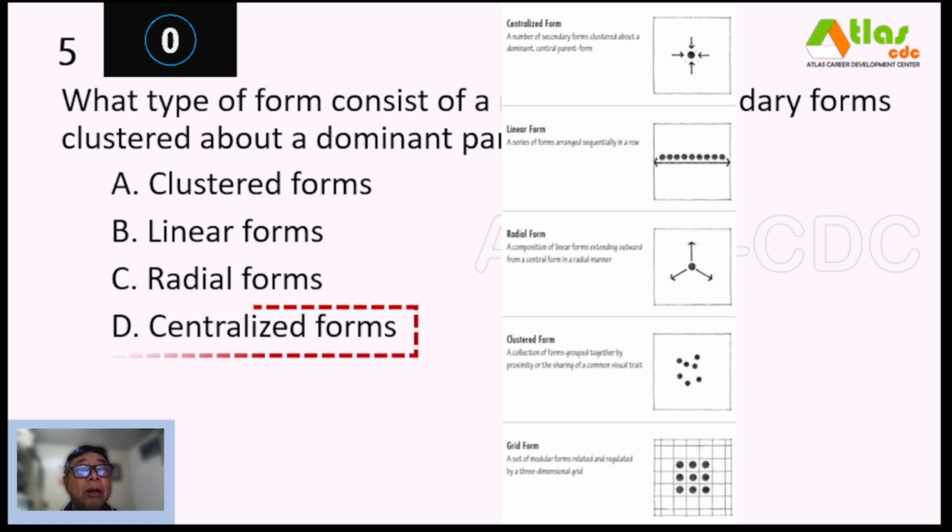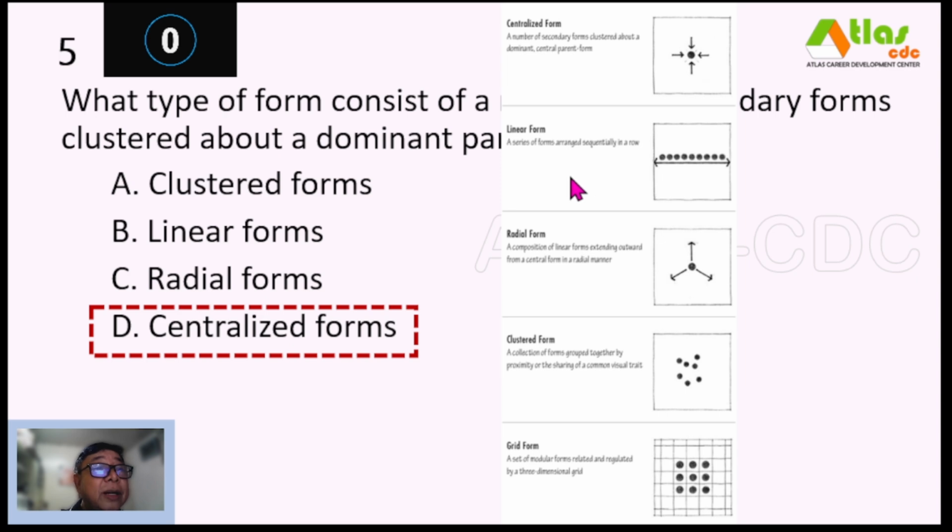And our correct answer is letter D, centralized forms. So this one is a centralized form, a number of secondary forms clustered about a dominant central parent form. On the other hand, a clustered form is like this. It is a collection of forms that are grouped together by proximity or the sharing of a common visual trait.